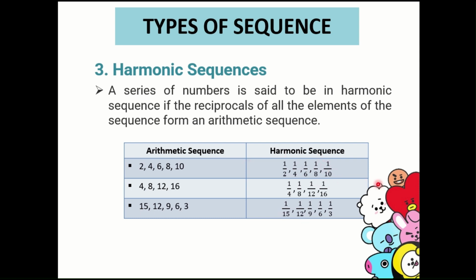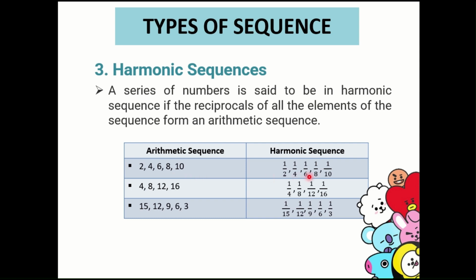But anyways, let's continue. Harmonic sequence here is the given, and the reciprocal values are here on the left. From 1/2, the reciprocal of 1/2 is 2. The reciprocal of 1/4 is 4. The reciprocal of 1/6 is 6. The reciprocal of 1/8 is 8. The reciprocal of 1/10 is 10.